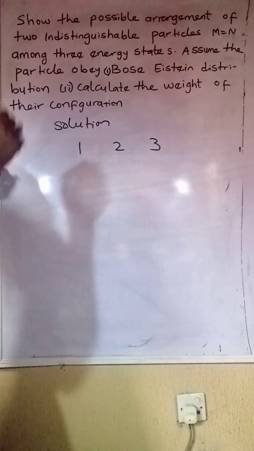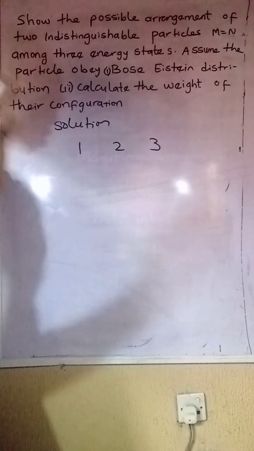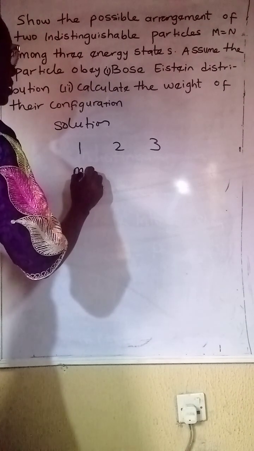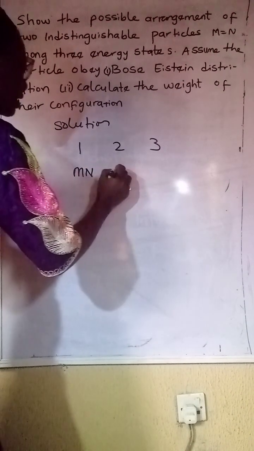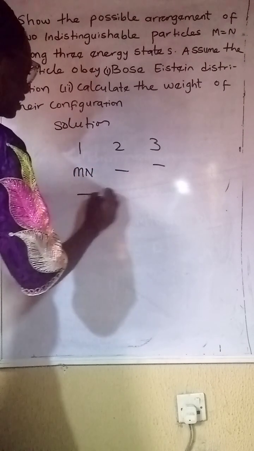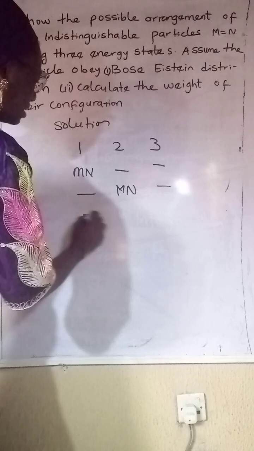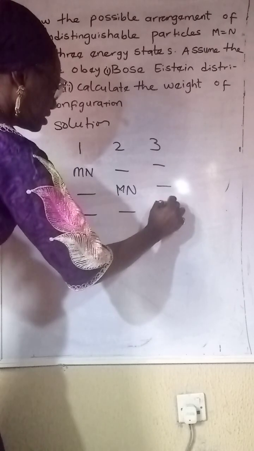We have m is equal to n. This is the particle, it doesn't obey Pauli's exclusion principle. So it means we can have mn here, then dash dash. Then we have dash, we can have them here, then dash. Then we can have them here.